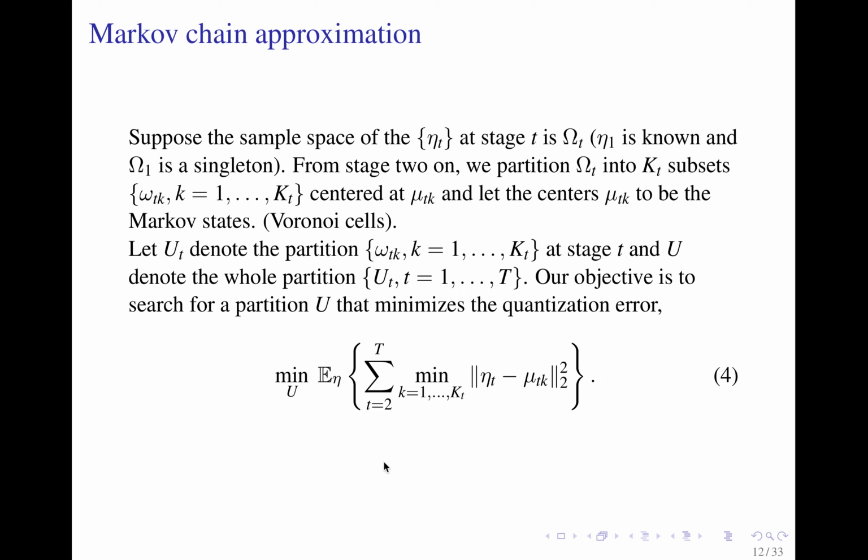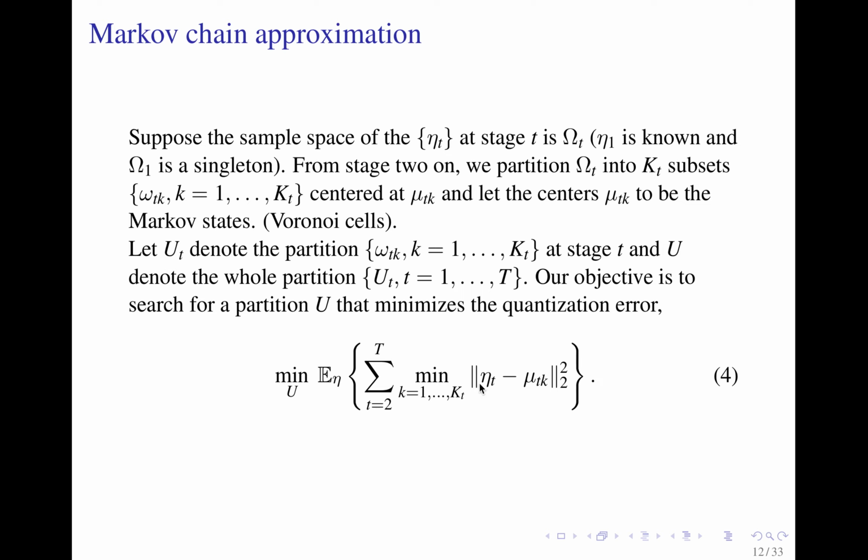So let's first look at the inner minimization problem here. Eta t is the original random process in stage t. Mu tk is a bunch of centers representing the partition in stage t, where k is the center index. And then we take the minimization over k, which gives you the distance of the original process and its closest center in stage t.